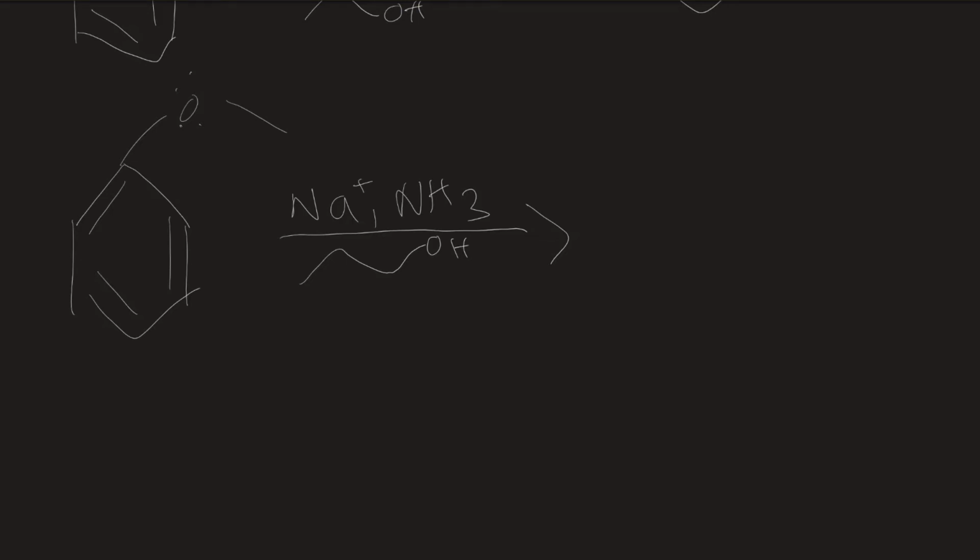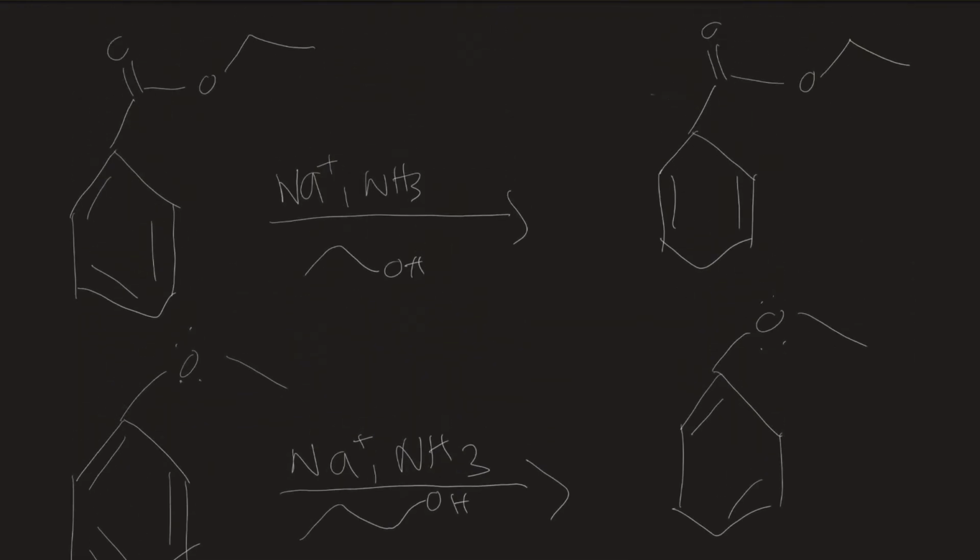And these are the reagents that you will always use for Birch reduction, always. And so the product we're going to get is this. So since we have an electron donating group, the carbon on that substituent will not be reduced.